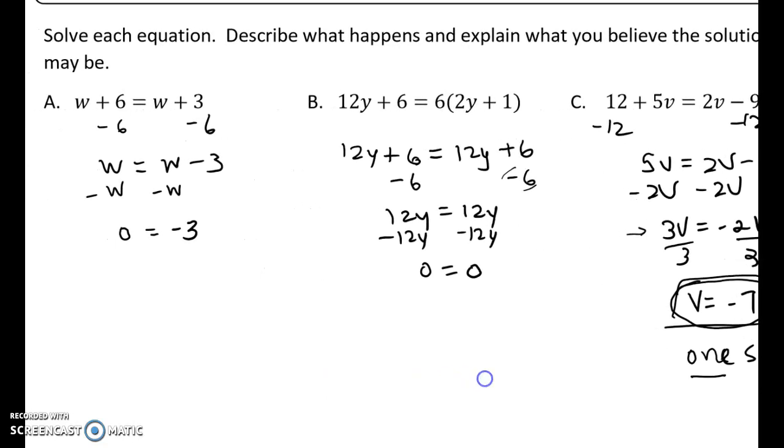All right. The unique situations with part A and B is that the variables that we were trying to solve for in both cases disappeared. So we do not have a solution for y in part B. We do not have a solution for w in part A. And the reason we know that is because both variables disappeared.